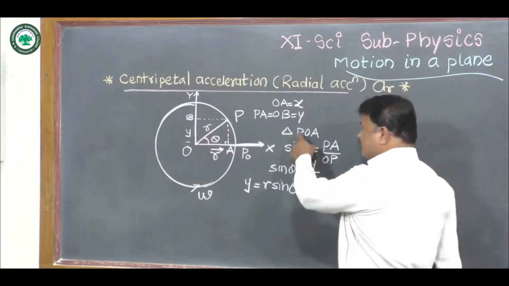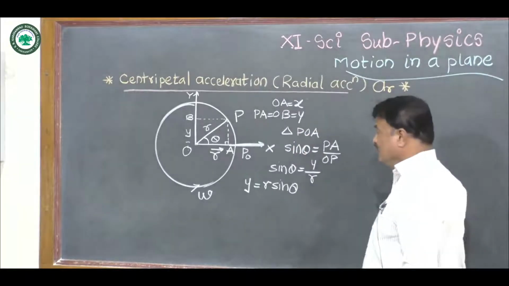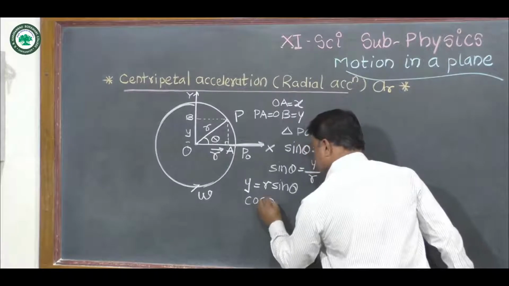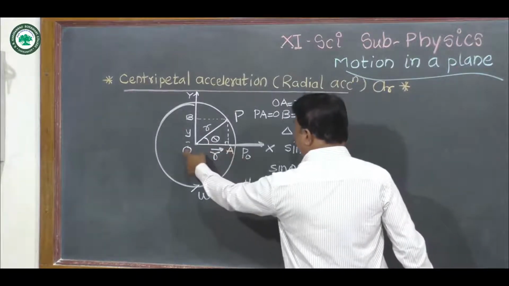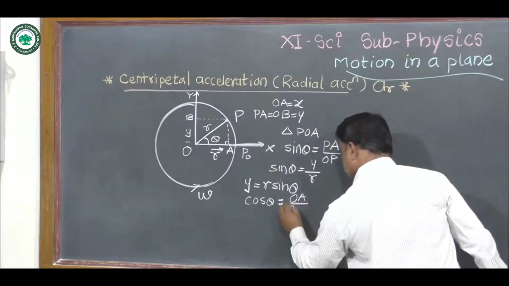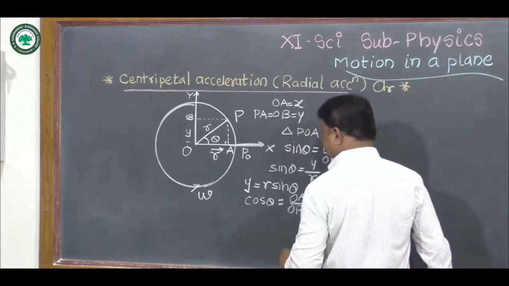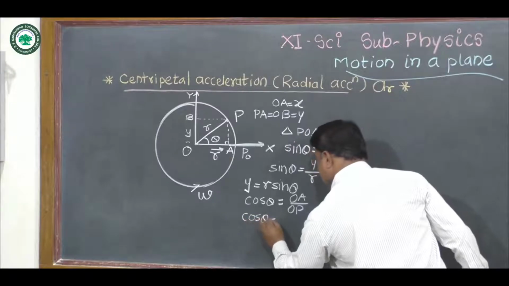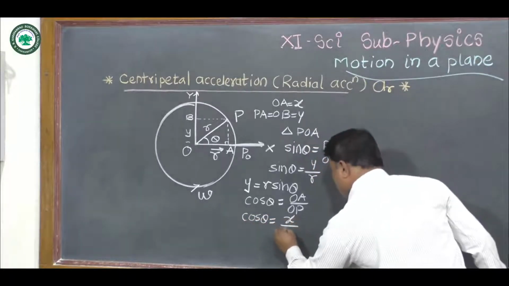Again we consider the same triangle POA. In this case, cos theta is equal to OA upon OP. We know that OA is equal to x, and OP is small r.